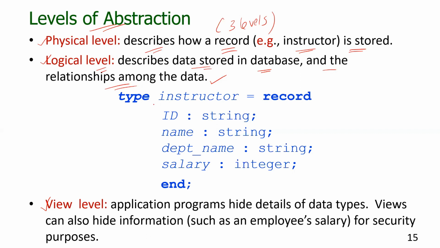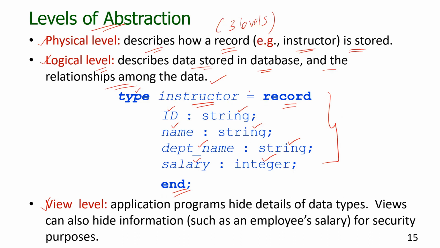For example, we have instructor. It can be defined as a type. It is a record type. Then we have ID, the identifier, which is of type string. Then name, of type string. Then department name, of type string. Then salary, of type integer. Then end. This is the declaration of records of the relation instructor.